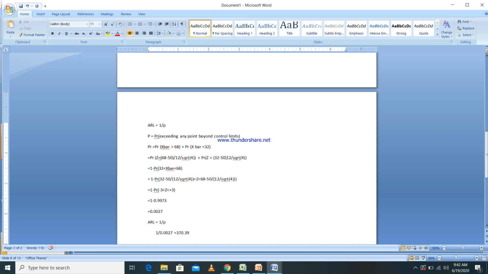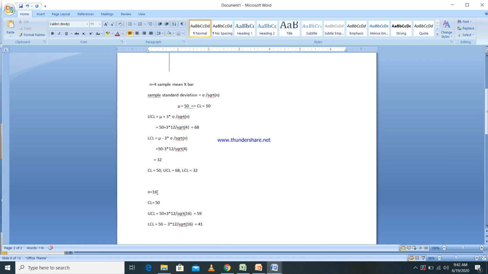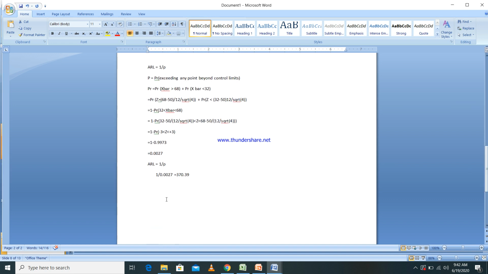Okay? And the important thing is, if you find out the ARL for the second set of values, that is, here we have changed our sample size. When sample size is 16, you can recalculate the ARL value. Right? You will see when you calculate the ARL value when the sample size is 16, you will end up with the same ARL value.